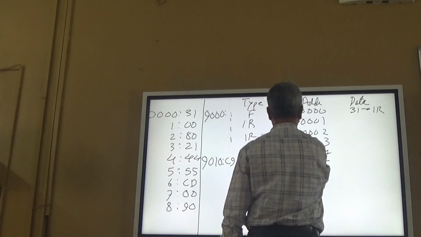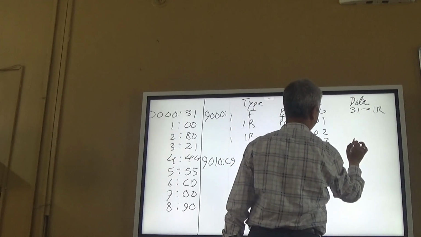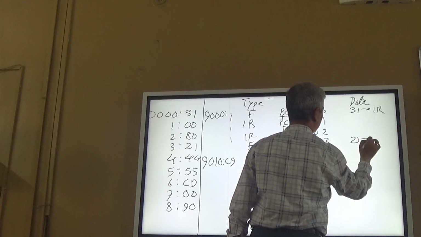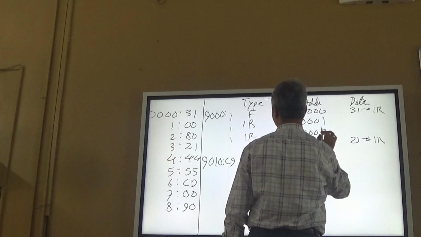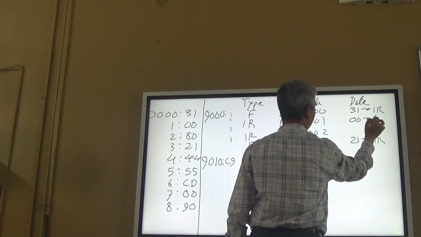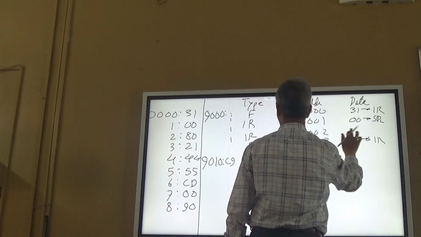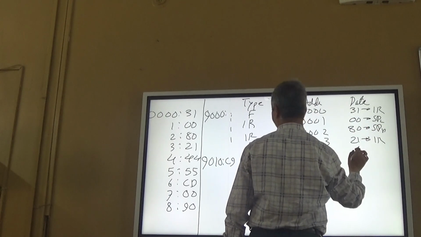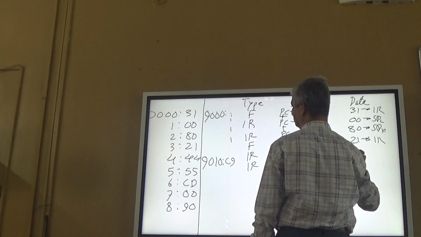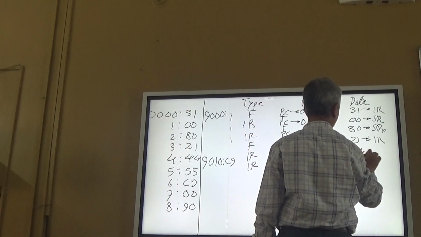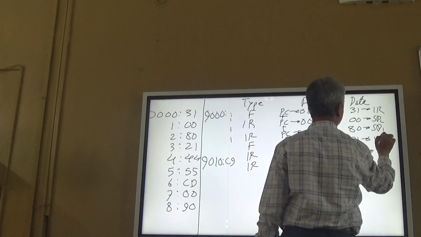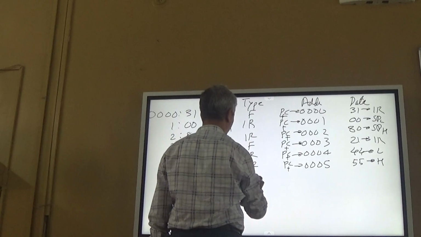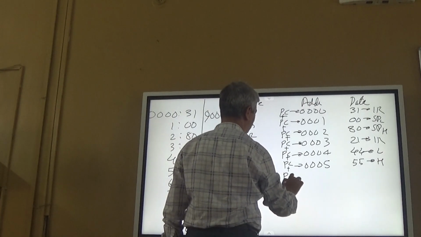When it is opcode fetch, it is always IR. 21 goes to IR, 00 goes to where? SPL, 80 goes to SPH, 44 goes to L, 55 goes to H.